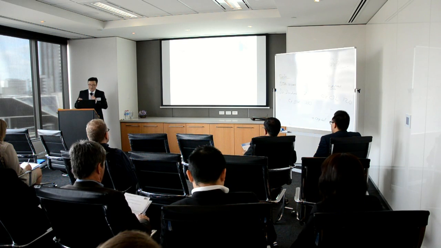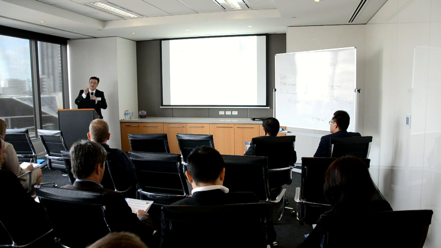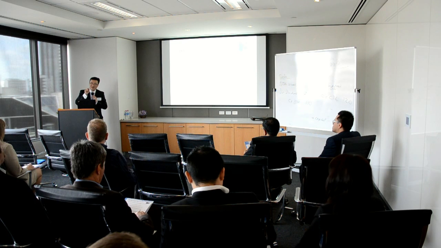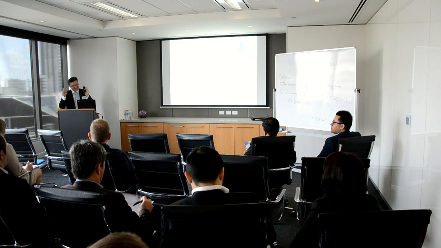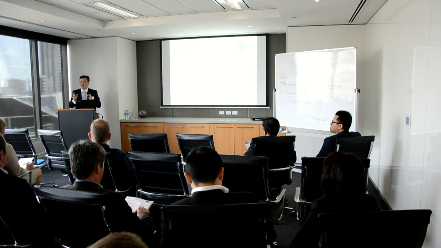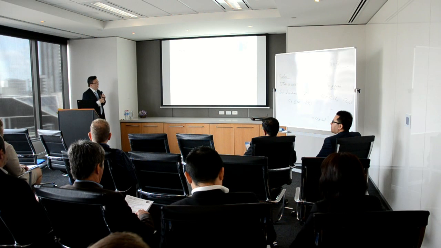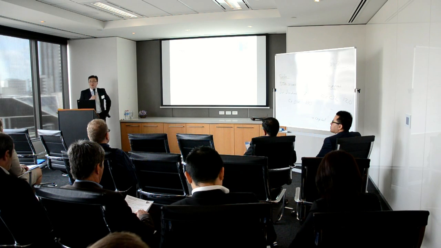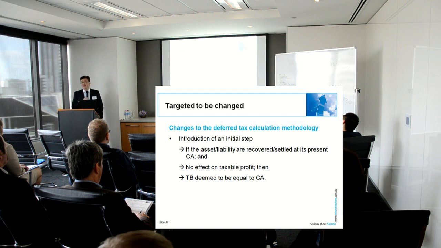Okay, so now I'm going to cover things that the International Standards Board says are complicated, practical difficulties that they are going to change, but in the future. So one is they plan to introduce an initial step. You've got to ask yourself, if I recover the carrying amount of the asset, if I pay the liability, am I going to pay any tax?